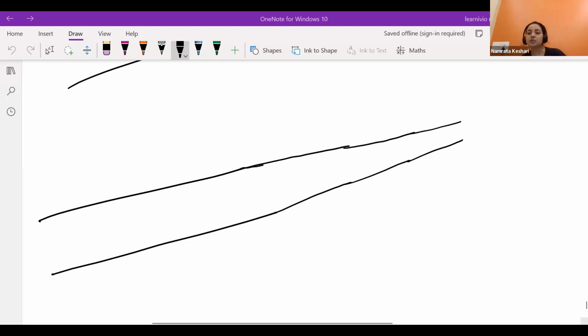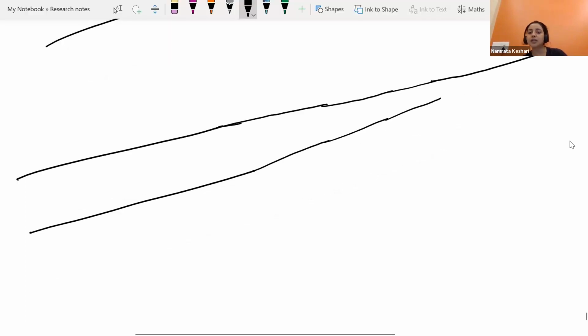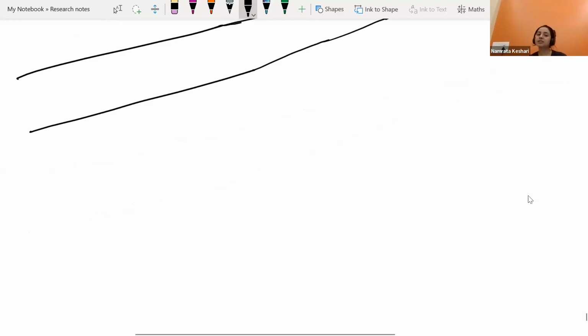The way I was trying to extend the line, you just keep on extending. If still not intersecting, then beyond the screen, which is not possible to stretch, we will think that if we extend it, of course it is going to intersect. So two lines can be intersecting lines or parallel lines.